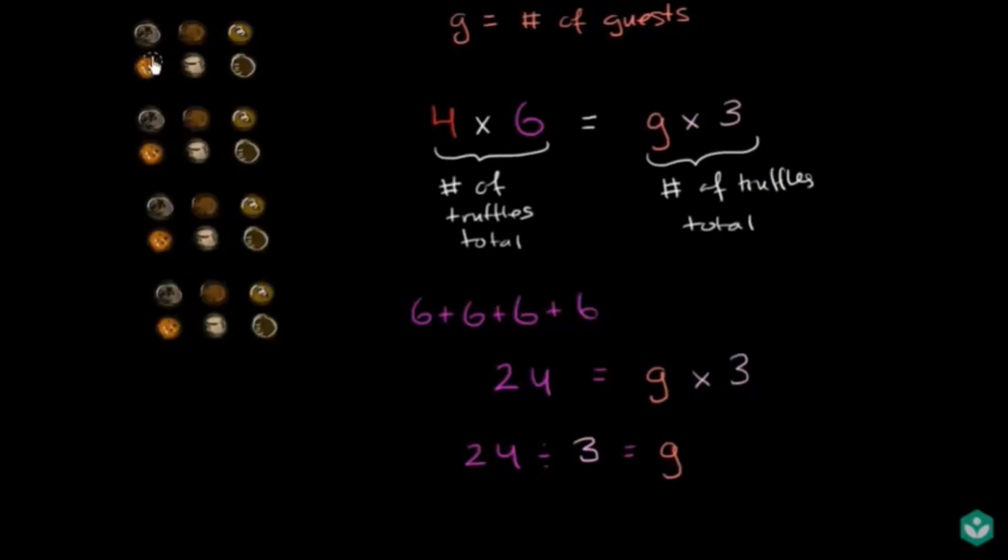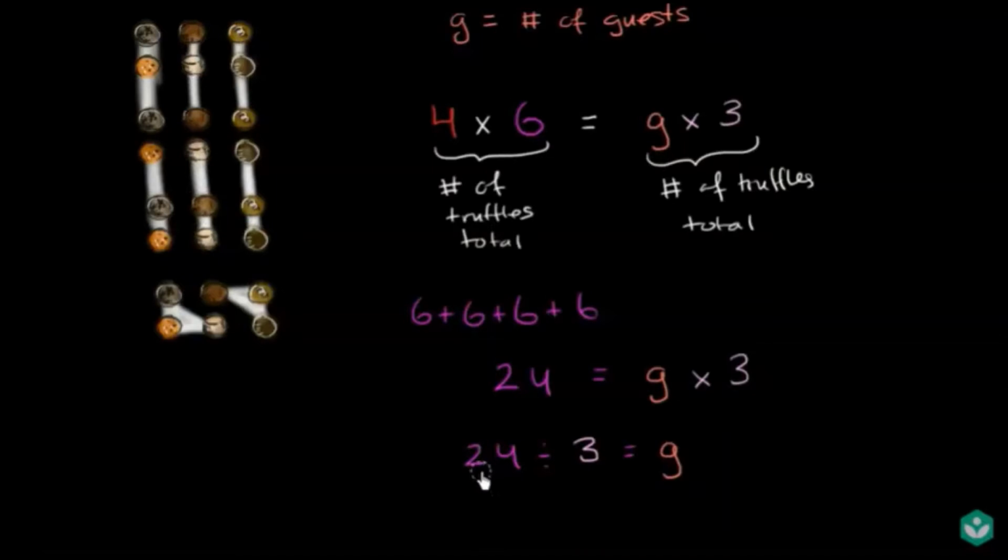So let's see, here is 1 group of 3, right over here. And now I have another group of 3, so 2 groups of 3. Now I have 3 groups of 3. Here's 4 groups of 3. Here is 5 groups of 3, 6 groups of 3, 7 groups of 3, and 8 groups of 3.